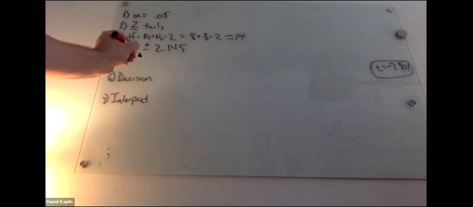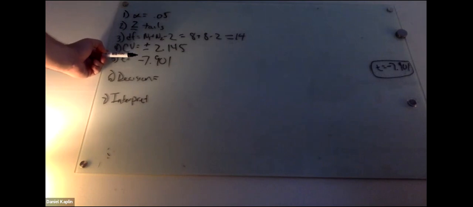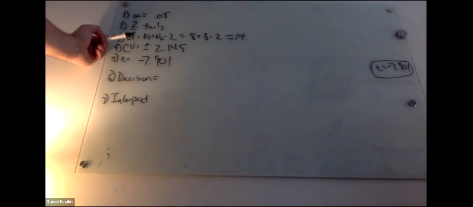I already showed you how to do that. But we calculated a t-value of 7.901. And now we have to make a decision. Are we going to accept or reject the null hypothesis? Well, this negative 7.901 is more negative than our critical value of negative 2.145.